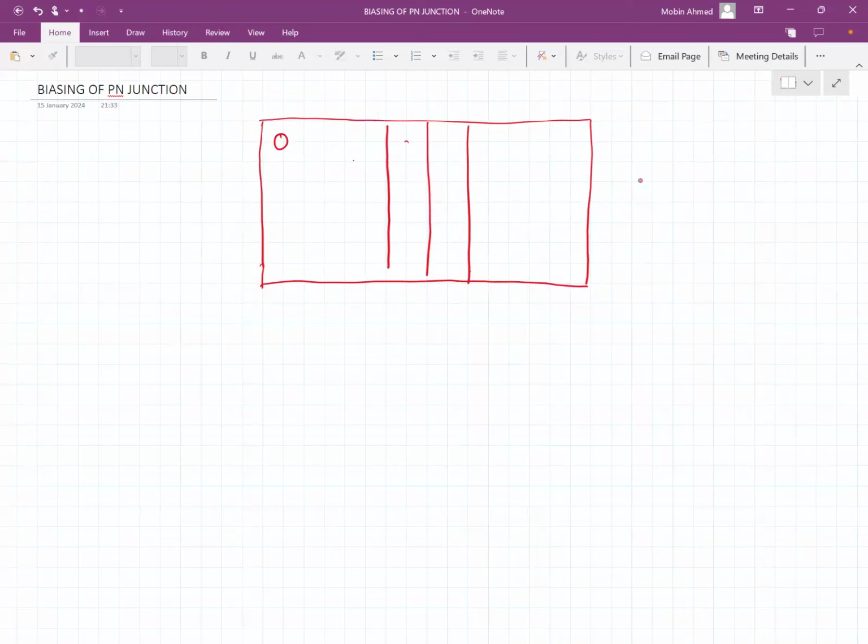Then here we are going to have the hole. The majority carrier is the hole.